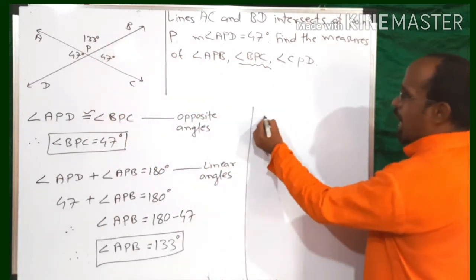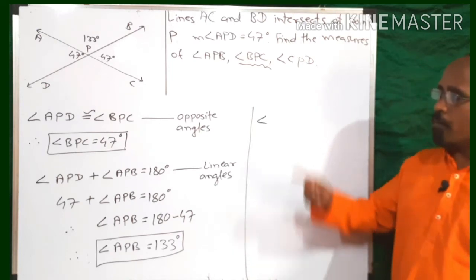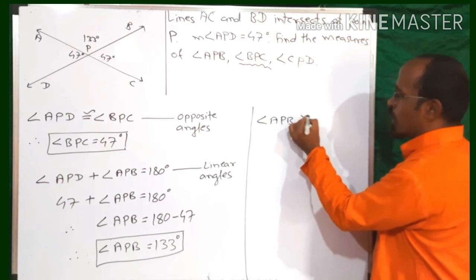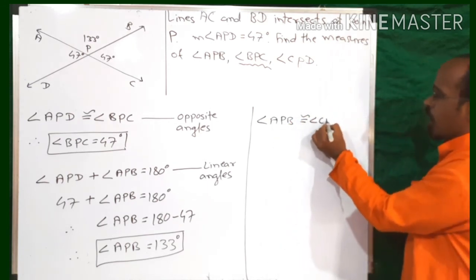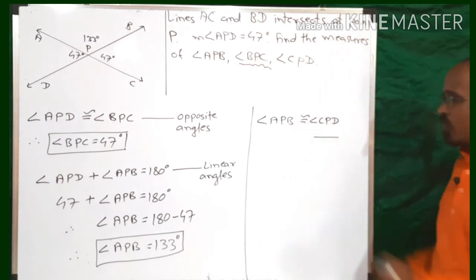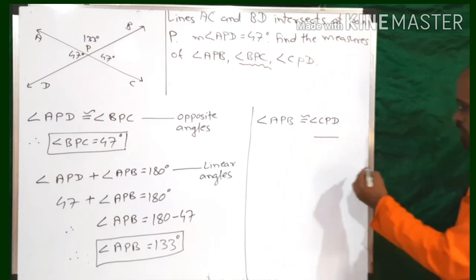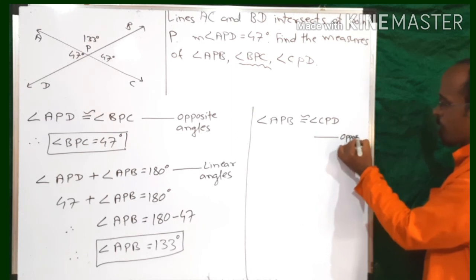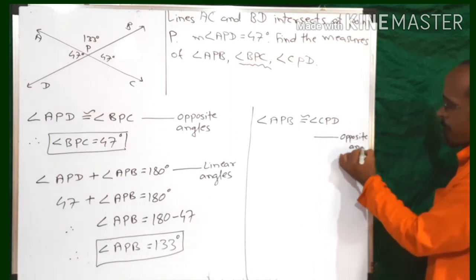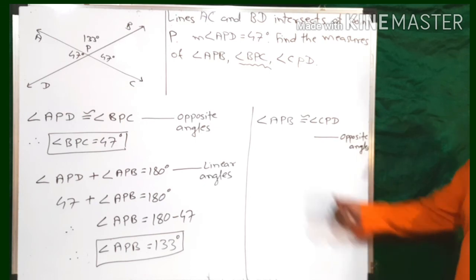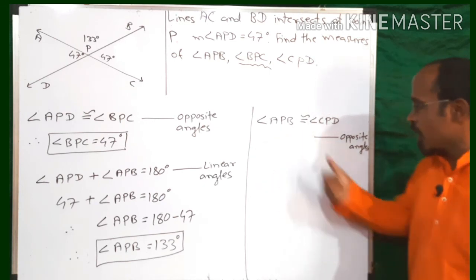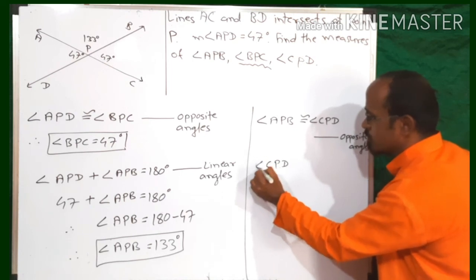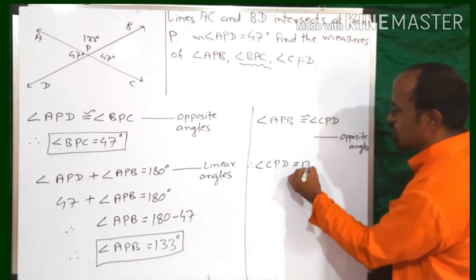So I will write angle APB is congruent to angle CPD, and why are they congruent? We have to give the reason: because they are opposite angles. Right? Now APB is equal to 133, therefore angle CPD is also equal to 133.